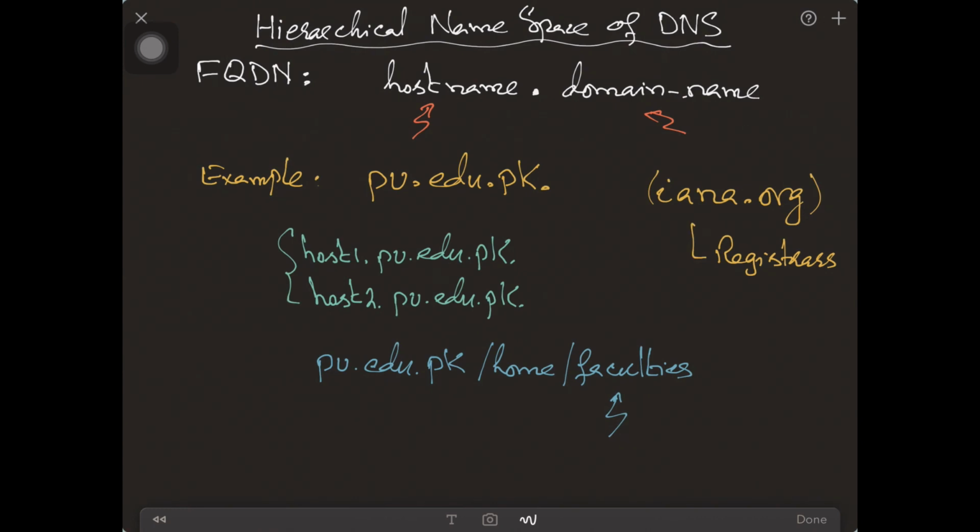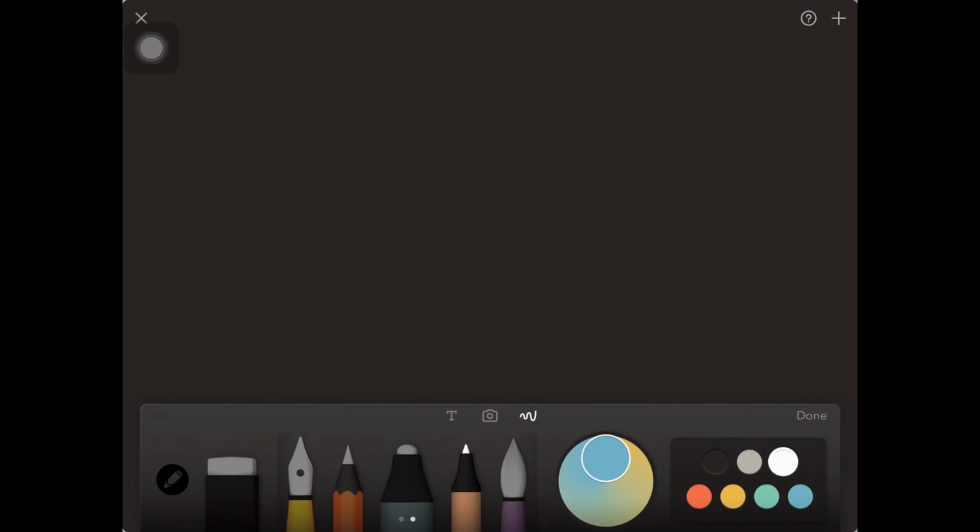Let us move on to another board and see how this namespace is actually structured. Okay. Once again, let me write down the structure. At the very top, we have what we call the root.